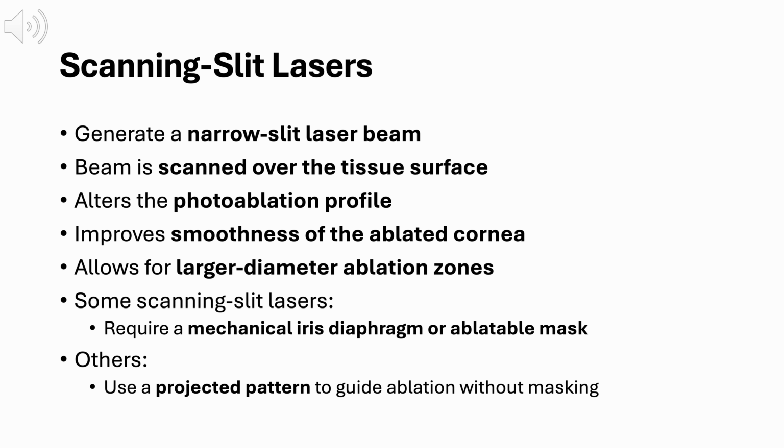This scanning motion changes the photoablation profile, which improves the smoothness of the ablated surface and allows for larger optical zones compared with traditional broad beam systems. Some scanning slit lasers still rely on mechanical iris diaphragms or ablatable masks to shape treatment, while others use projected patterns to guide ablation without physical masking. Conceptually, this approach sits between broad-beam lasers and fully point-by-point systems, combining wider coverage with improved control.